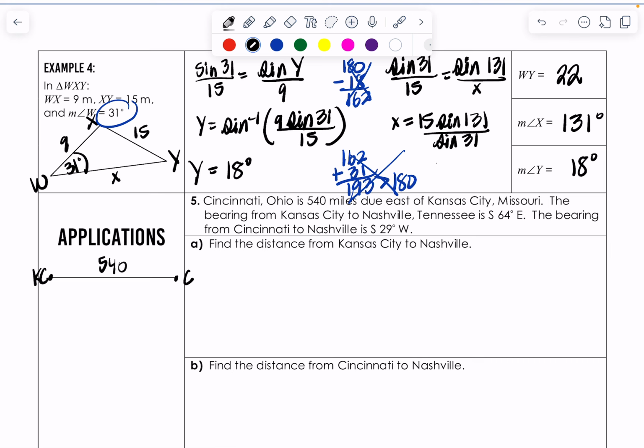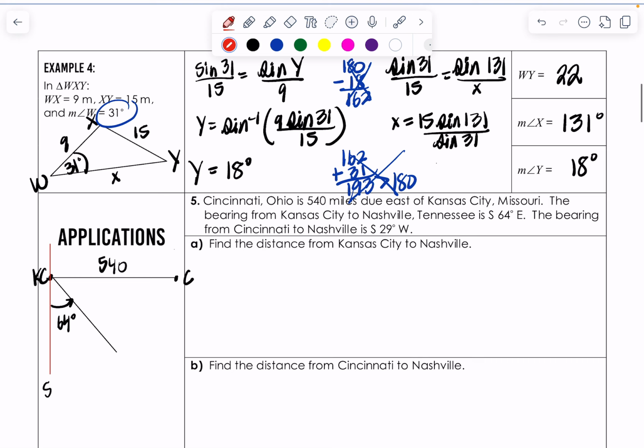And Nashville, south 64 degrees east from Kansas City. So imagine a line here drawn, okay, from the south. We're going to go 64 degrees to the east. So somewhere this direction, okay? So this would be 64 degrees from the south. Remember, this was south.